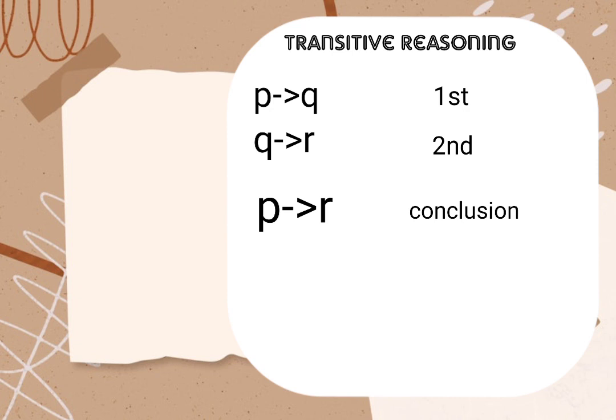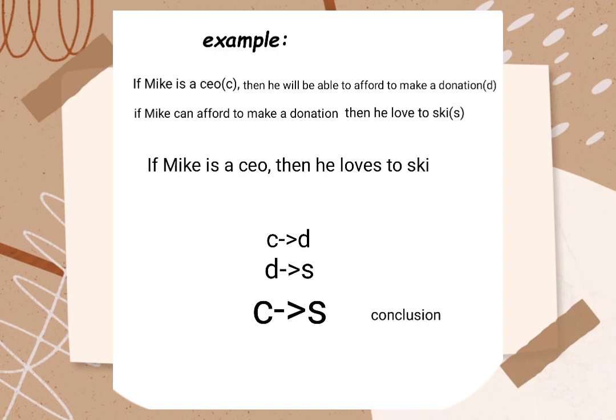Gagamitin na natin siya into a statement form. The statement is, if Mike is a CEO, C, then he will be able to afford to make a donation, D. If Mike can afford to make a donation, then he loves to ski, S. So the first premise is C, then D. The second premise is D, then S. So kagaya ng nasabi kanina, ang nagiging conclusion ng transitive reasoning is yung first and last symbol.